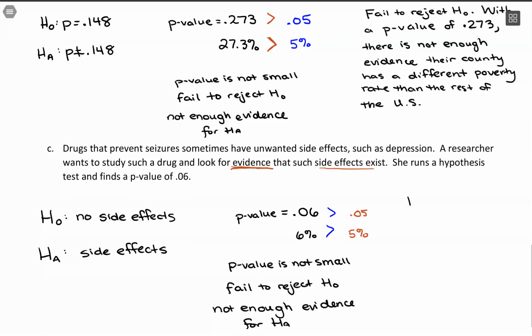So with this, I would write failed to reject the null. So basically, I can't throw out this idea that there are no side effects. Even if there are some side effects showing up, it's not significant enough to completely say there aren't. It could have just happened by random variation, things like that.